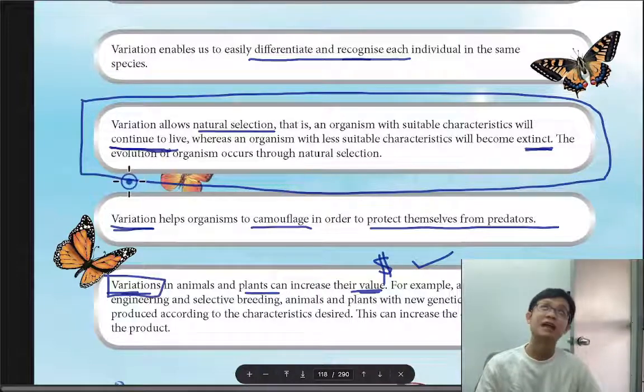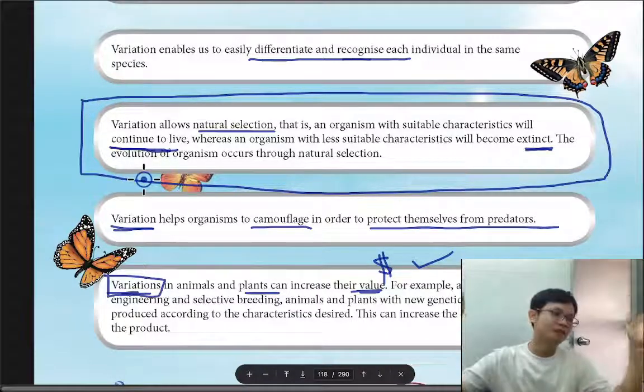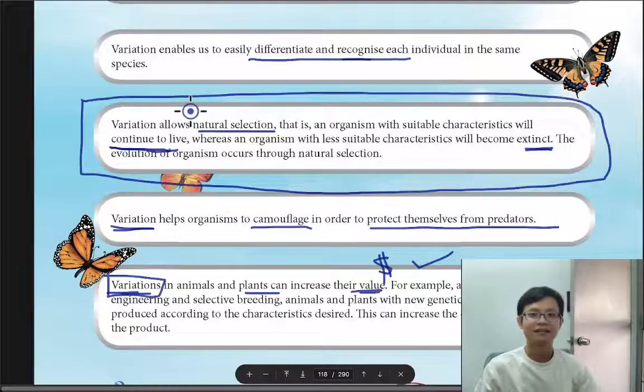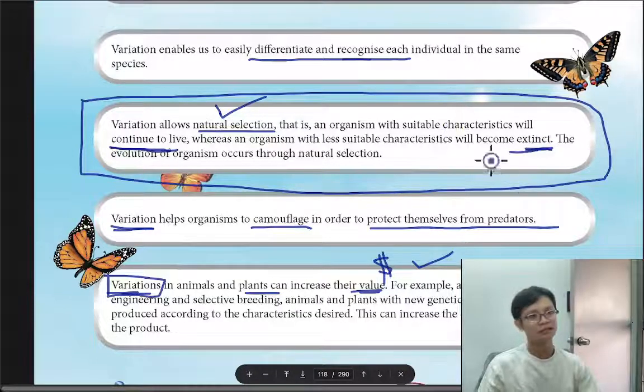Because if some people say I don't believe in anything, I only believe in science, the next question I will ask is, do you believe in natural selection? The person will say yes, I believe in science, I believe in natural selection. Then the next question I will ask: in natural selection, the strong will live and the weak will die? The person will say yes.